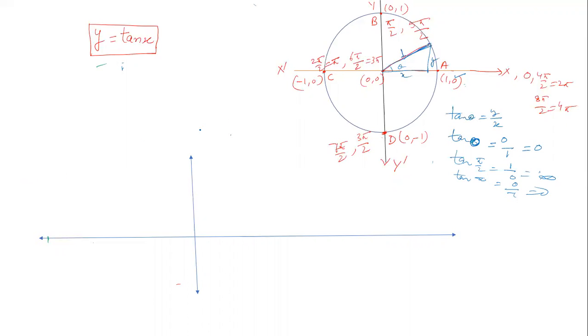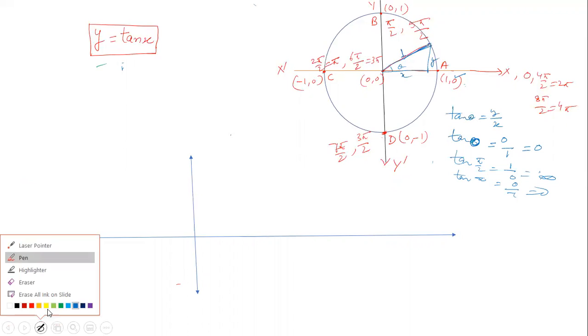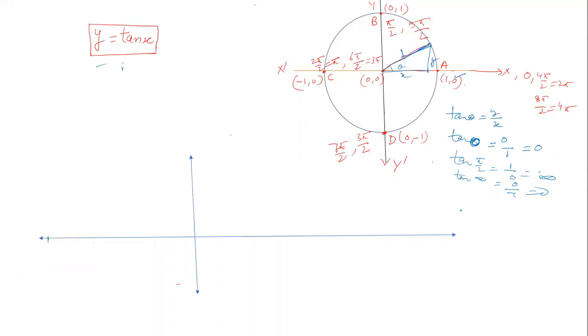Now let's take the x-axis and y-axis over here. It is the x-axis, it is the y-axis. Taking the distance on the x-axis in radians and on the y-axis in numbers, say this is 1, 2, 3.